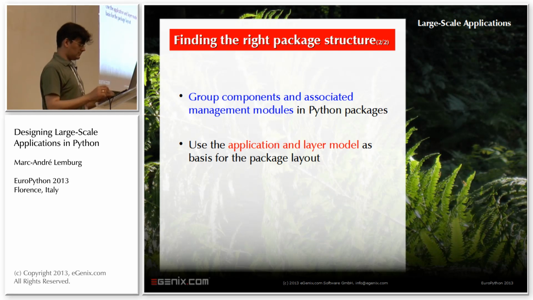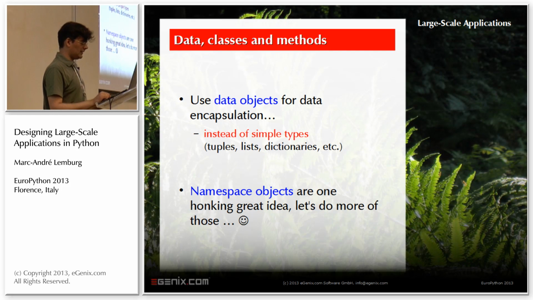You should group everything, and the natural way of doing that is just using the application and the layer model as basis for that. For the data objects, that's something that's interesting. I know many people like to put data directly into dictionaries, tuples, or lists.